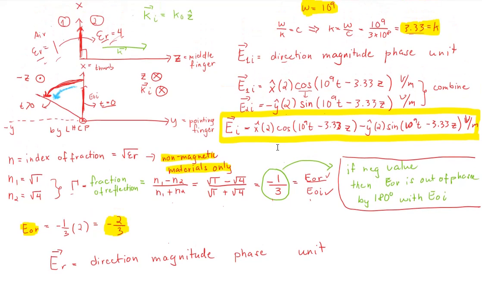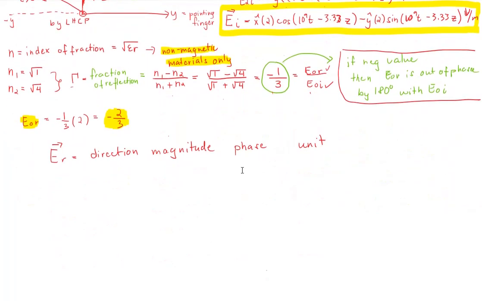And since E of I is right along the x direction, then the E sub R direction is also the x direction. Now our magnitude, since it's negative 2/3, we'll let that declare the true direction of E sub R, but we'll do that in the next step. So magnitude, we got that.